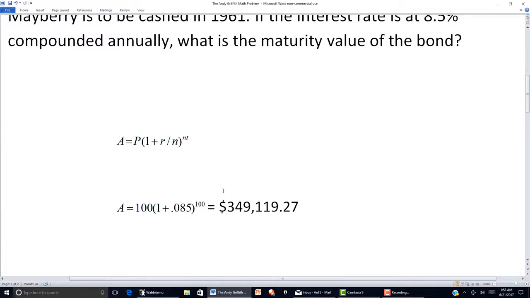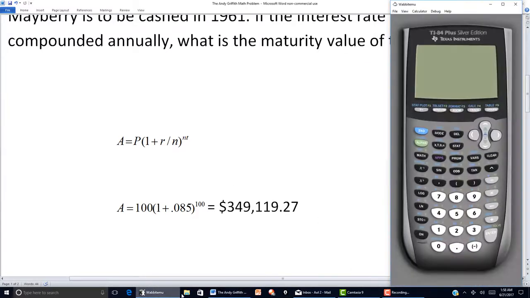The old man gets to stay in his house, but he doesn't get the $349,119.27. Now, if you want to compute this out in a graphing calculator, it'll look something like this.